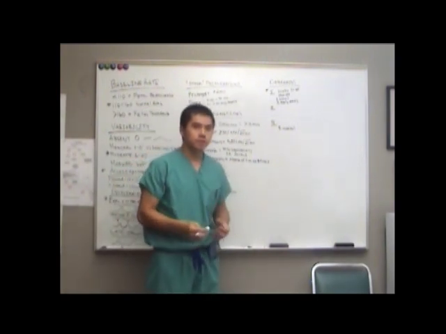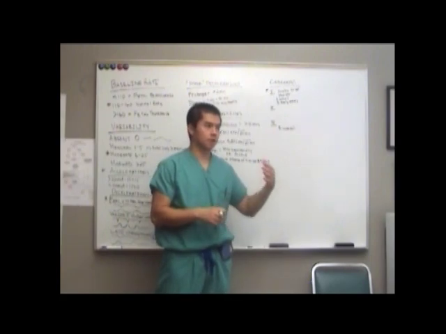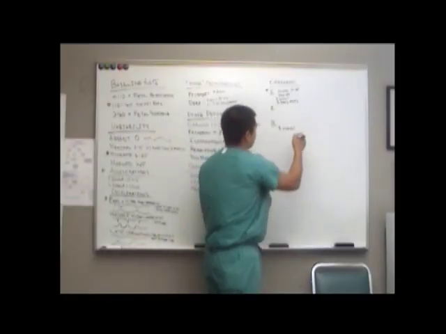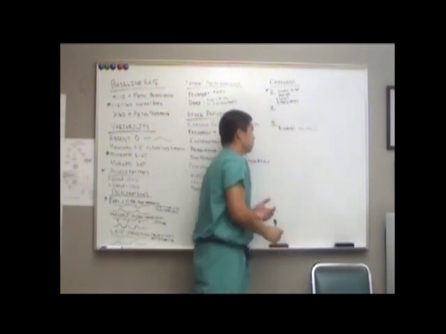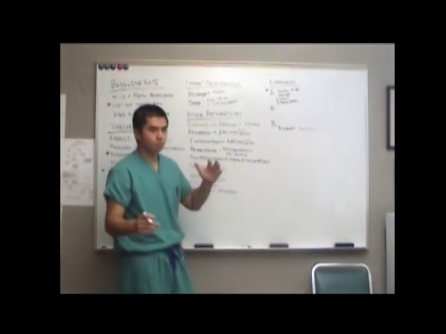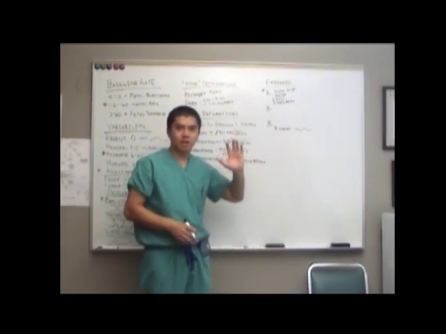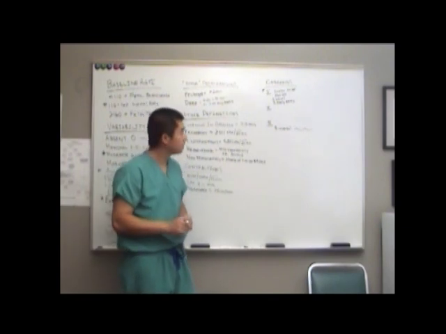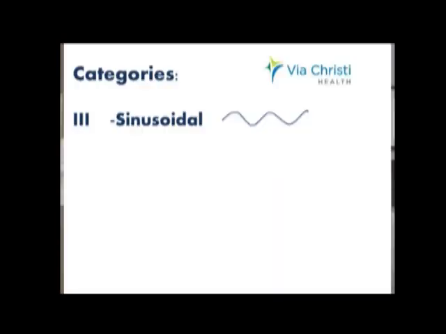I haven't seen it, but it's supposed to be representation of what condition in the fetus. Yep, fetal acidemia. And so it's about a frequency of, they say 3 to 5 in a minute, and that's supposedly what it looks like. Sometimes you might imagine that you see that on some heart tracings, but again, you take things in context of the patient that you're taking care of. So that's the first definition.